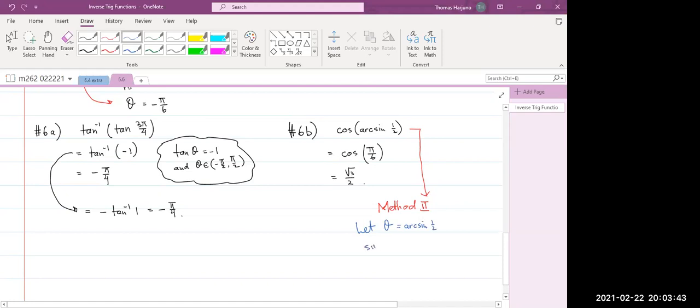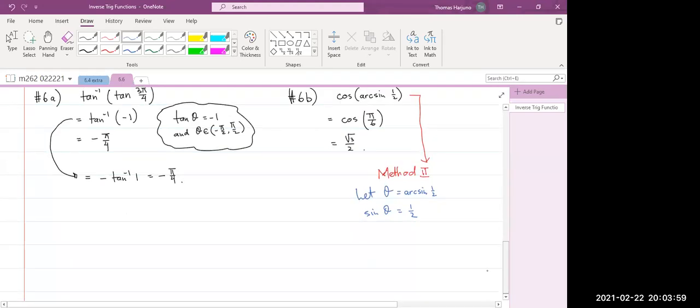Therefore, sine theta equals 1/2. I am anticipating what if we replace that 1/2 by x instead. Then what will happen to the sine of arc sine of x? And the way we do it will be as the following.